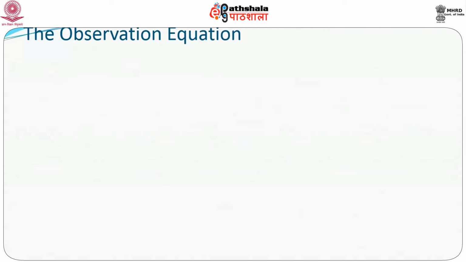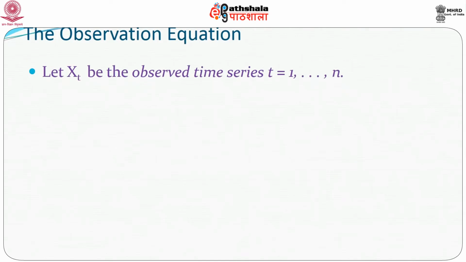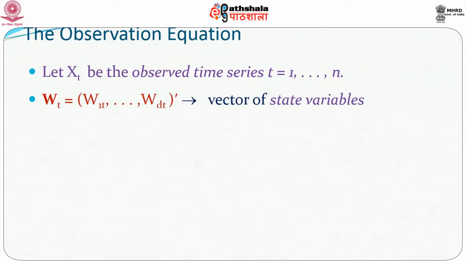So, first we have the observation equation. x_t is the observed time series, t running from 1 to n. So, we have n observations, and w_t is a vector of state variables. So, there are d state variables w_1t, w_2t, up to w_dt, which we put into a vector form.